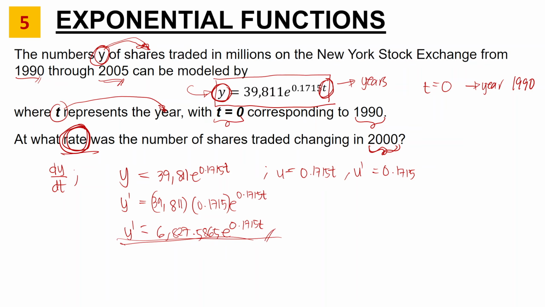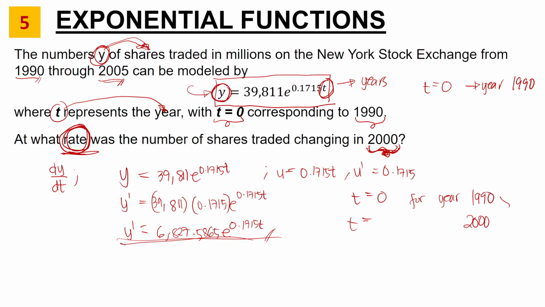Now this is the derivative of the equation shown to us, but this is not yet the end because we are asked to find the rate of the number of shares traded changing in 2000. Now, if t is equal to 0 for year 1990, what would be our t for year 2000?